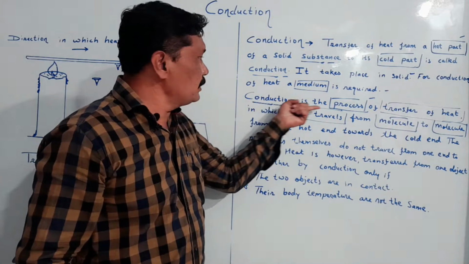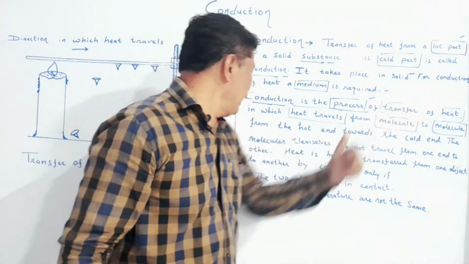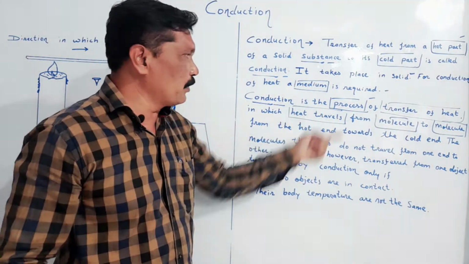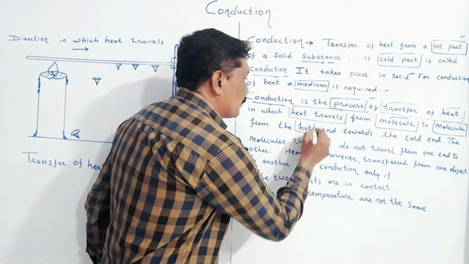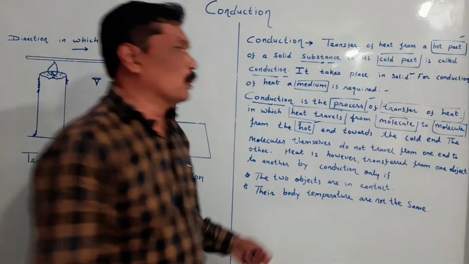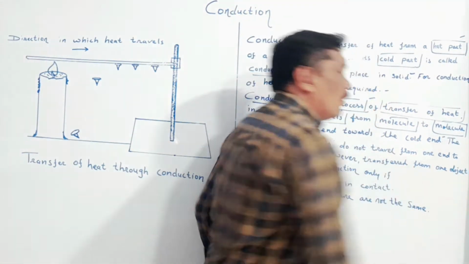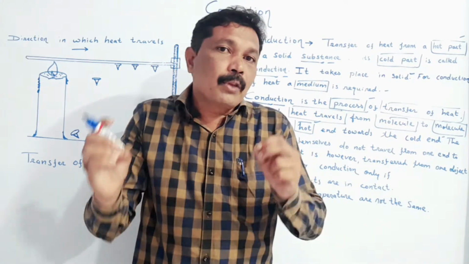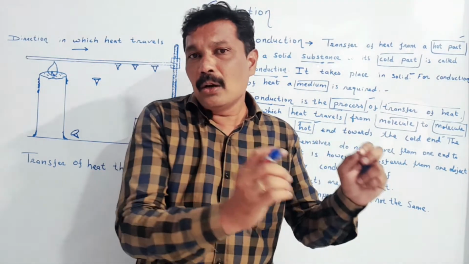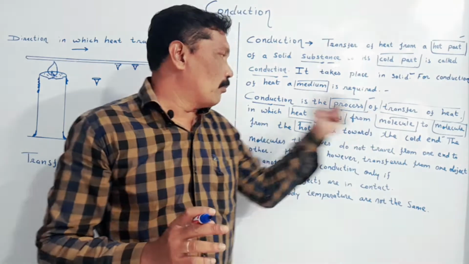So, conduction is the process of transfer of heat in which heat travels from molecule to molecule from the hot end towards the cold end. Heat transfers from the hot end towards the cold end by molecules.